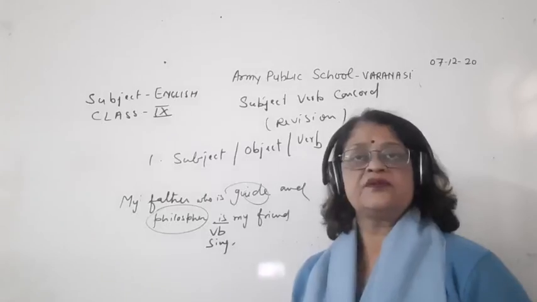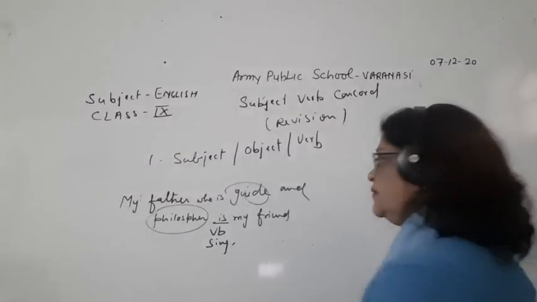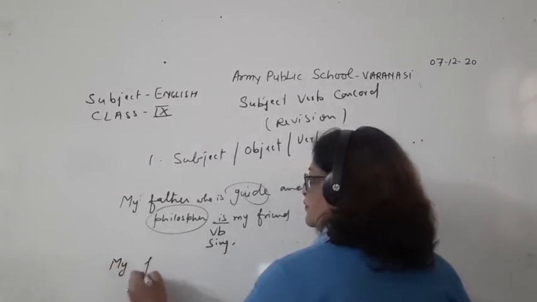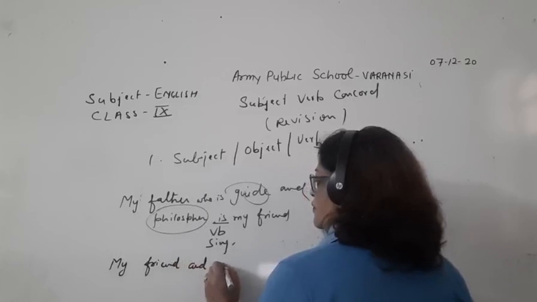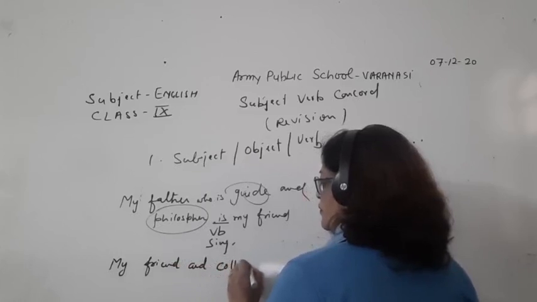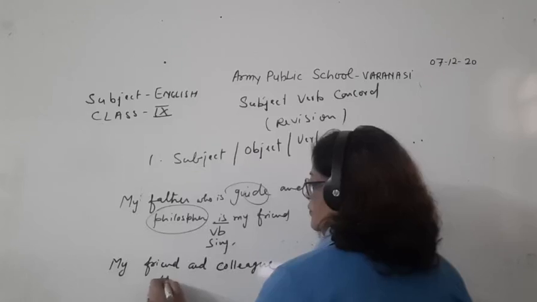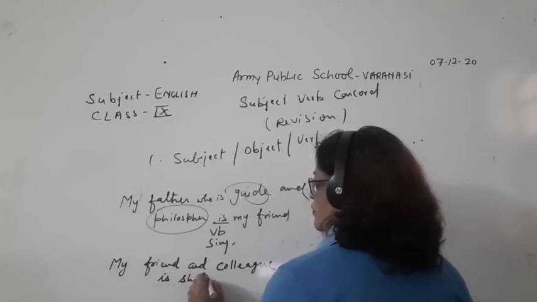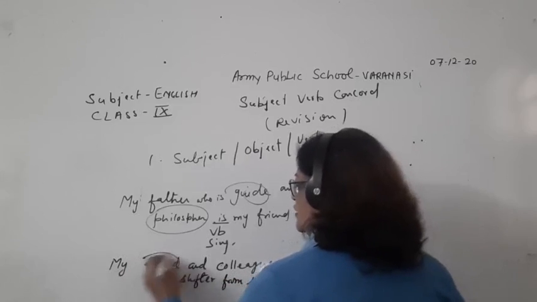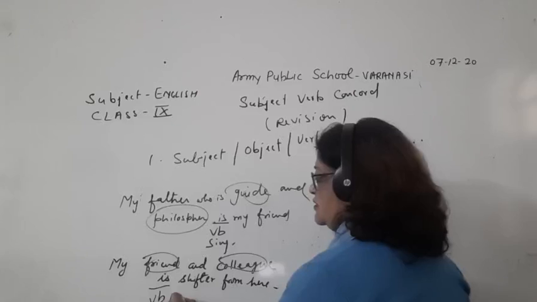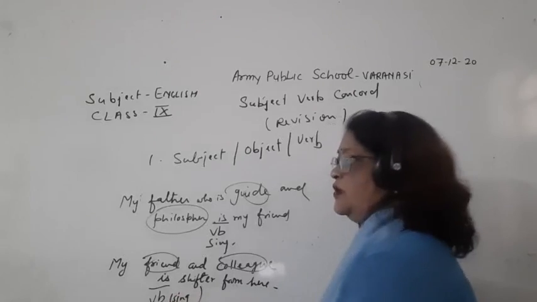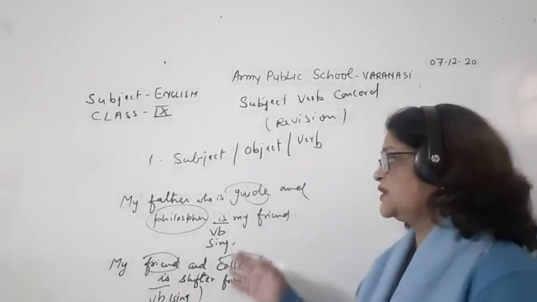Okay. So I hope this is clear to you. So children, this and this refer to the same person, and so the verb is singular.